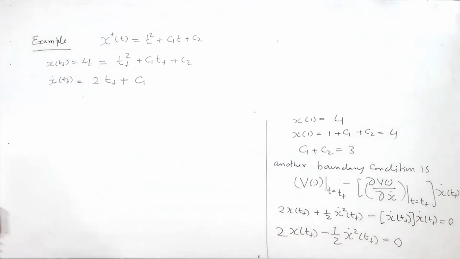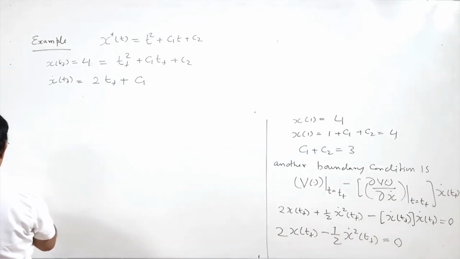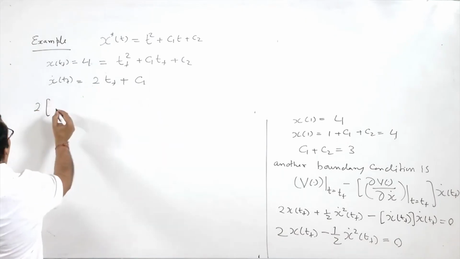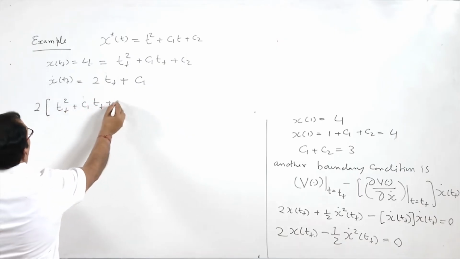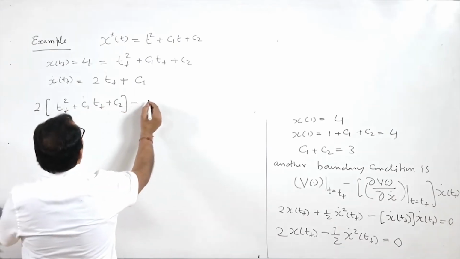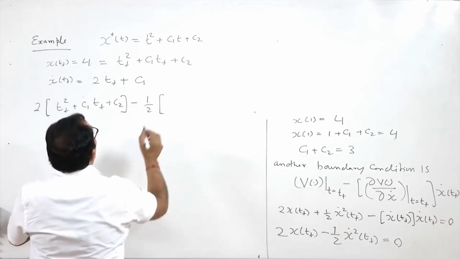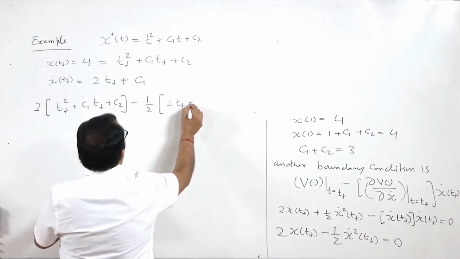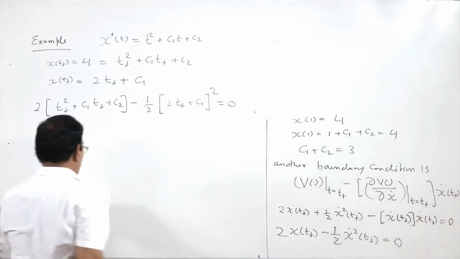So, if I place it, I have twice x(tf), which is tf² plus C1 tf plus C2, minus 1/2 ẋ(tf), which is (2tf plus C1) squared, and that must be equal to 0.